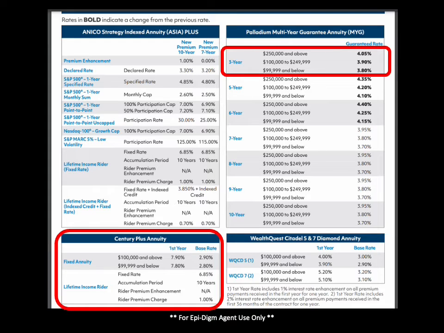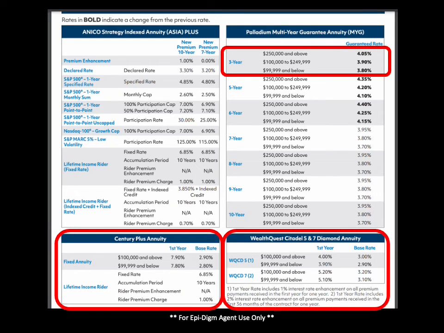After that, if it is below 100,000, it's 7.8 and 2.8. Number one, it's a 5% initial bonus, and the client has an option of picking up a lifetime income rider. It has a charge, but it'll give you 6.85 compound interest rate for the next 10 years. And you can take out lifetime income. Okay, so that's the thing about Century Plus.